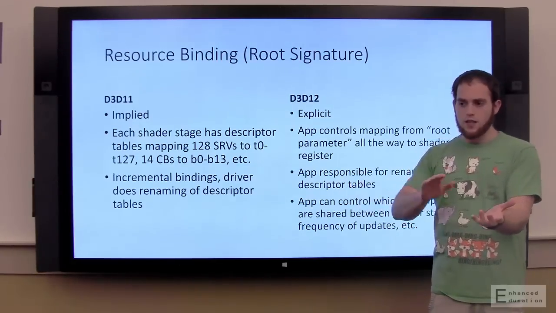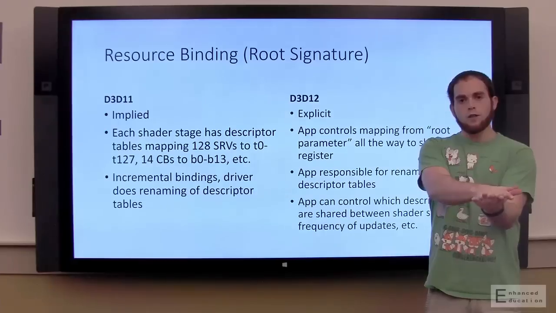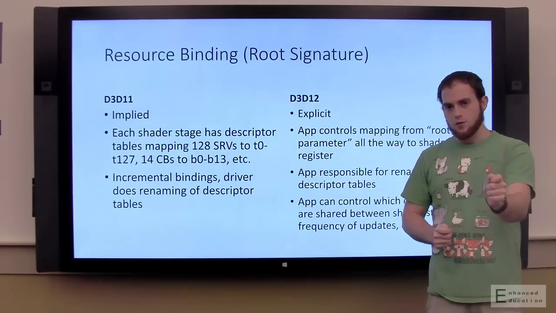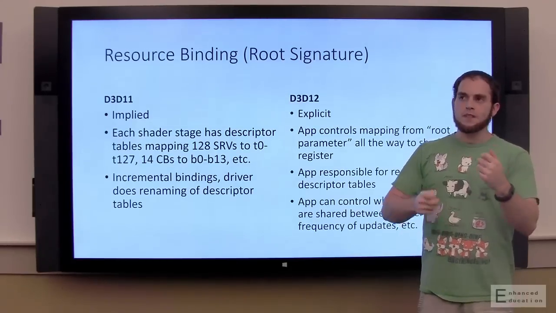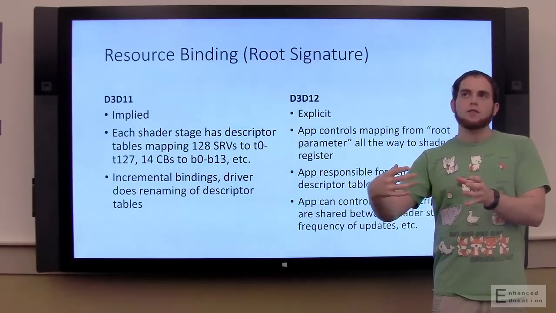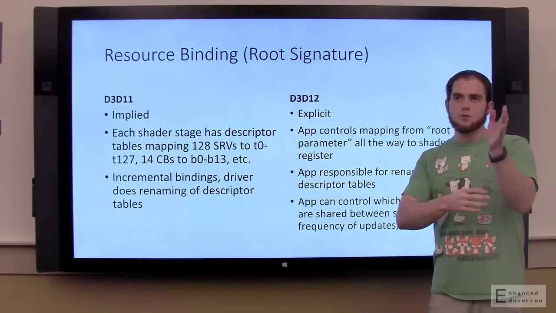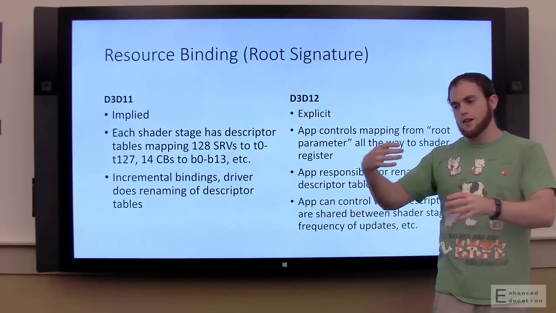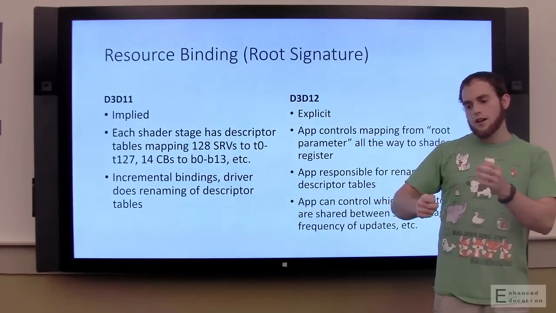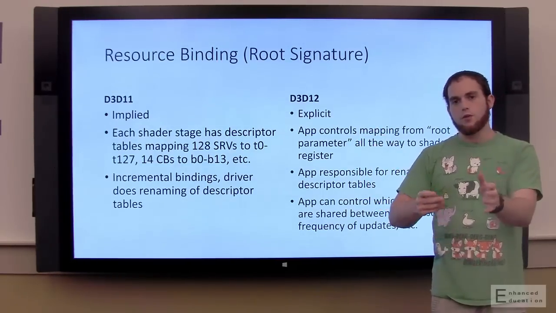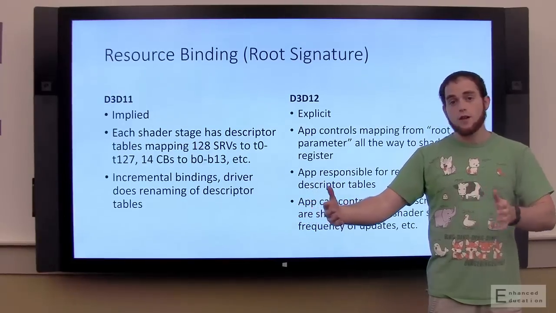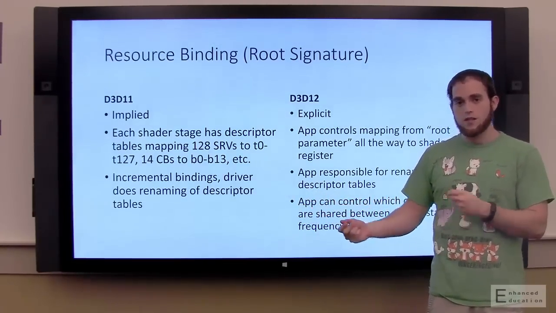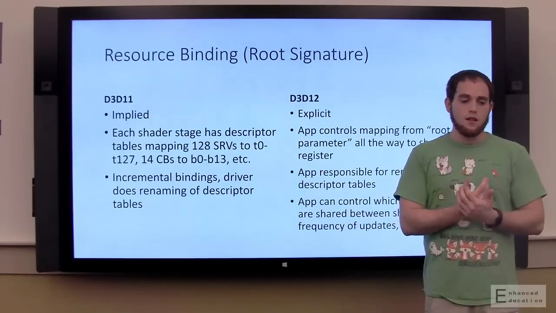For example, I can say root parameter 1 corresponds to a descriptor table, and this descriptor table can contain things that will map to VS T0 through T3, and then it can also map to things like PS constant buffer 0 through 2. It's very expressive, and it allows a complete disconnect between the HLSL register space and the API bind space.